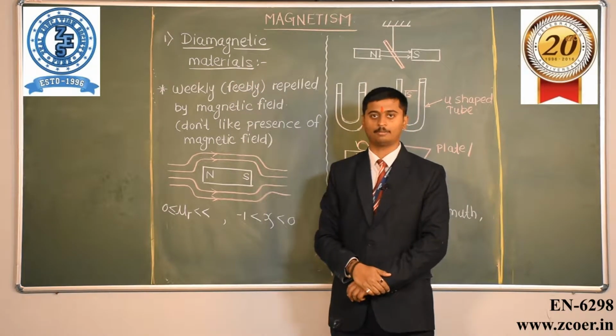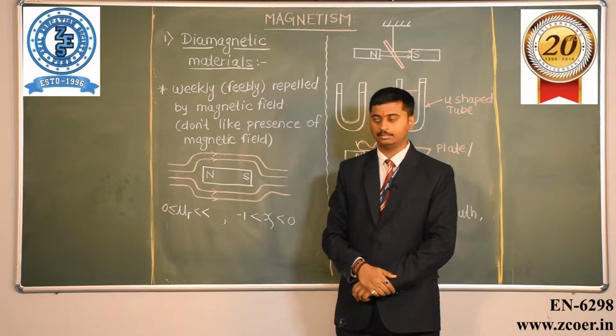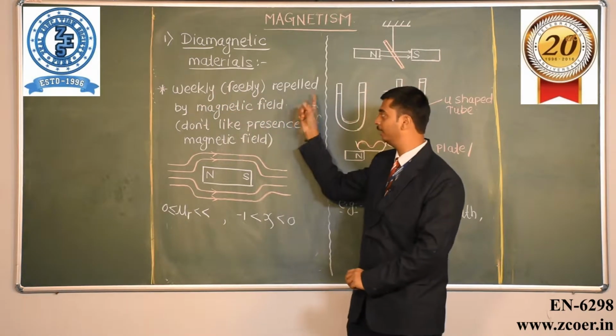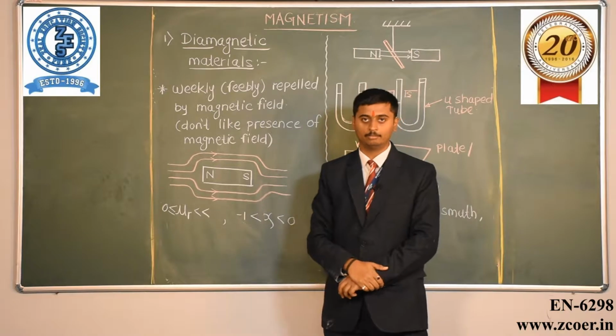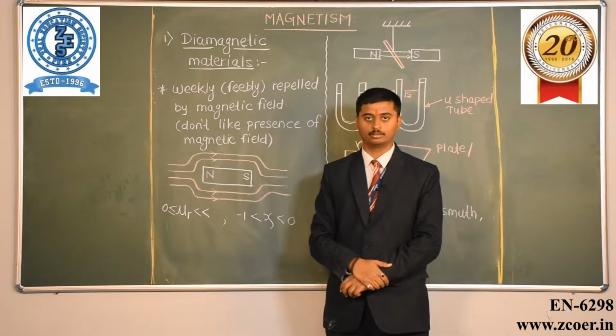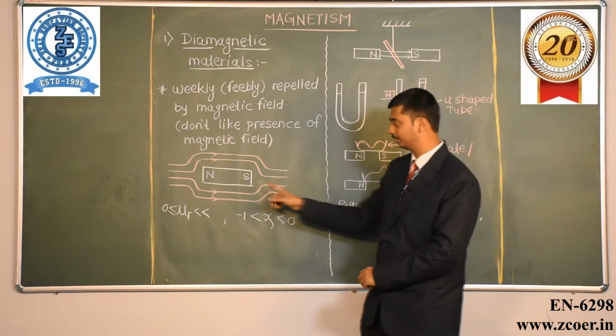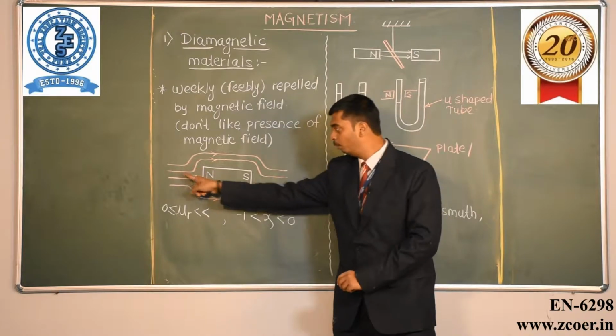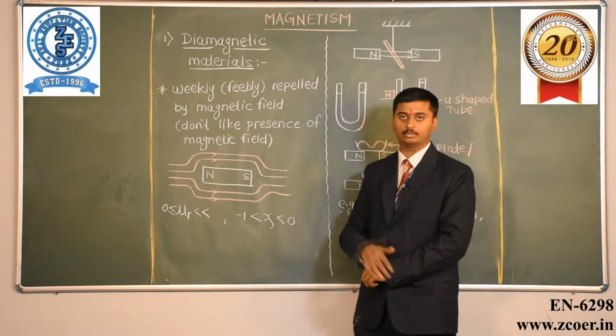Diamagnetic materials are the substances which are weakly, that is feebly, repelled by the magnetic field. Means we can say that they don't like the presence of a magnetic field. Diagrammatically, suppose this is your diamagnetic material, then no magnetic lines will pass through it.